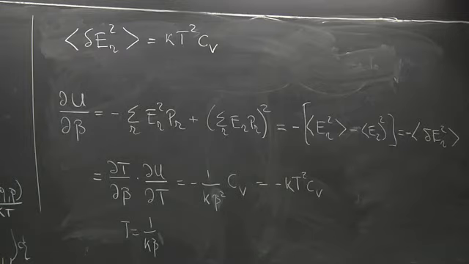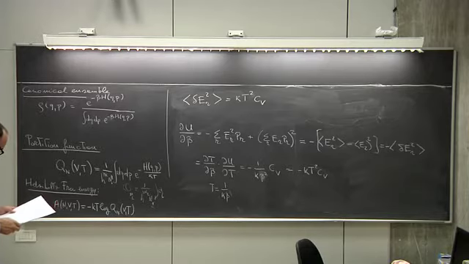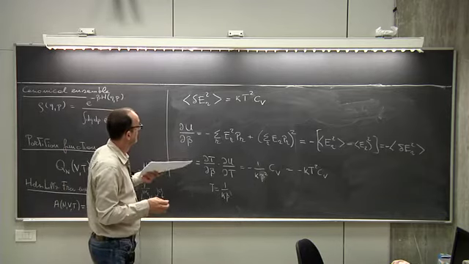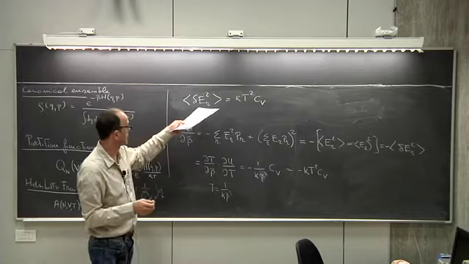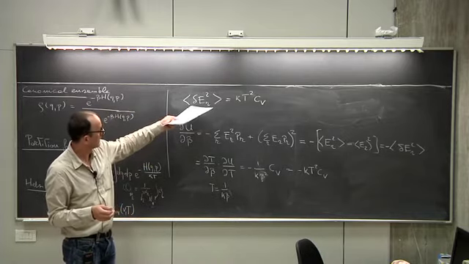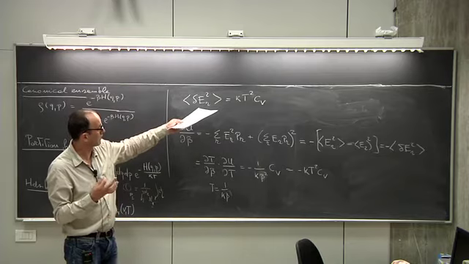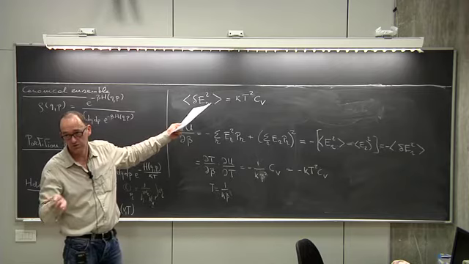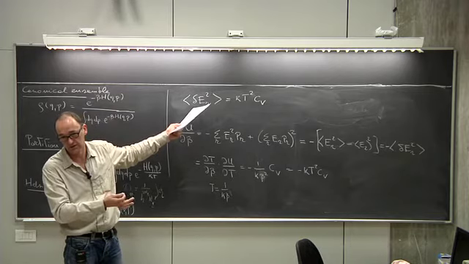Very good. So now if you look at the relative fluctuations of the energy, so these are the fluctuations of the energy. If you want a measure of how much the energy fluctuates, you should compare this to the average energy.